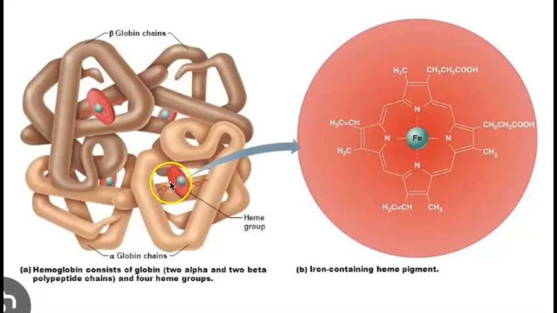So you could see this red disc here is representing the heme that again is going to have an iron molecule in the center that will bind the oxygen. Now when we talk about carbon dioxide binding to the globin, we're referring to these areas that are like a neutral brown color. And so that is where the carbon dioxide is going to bind.